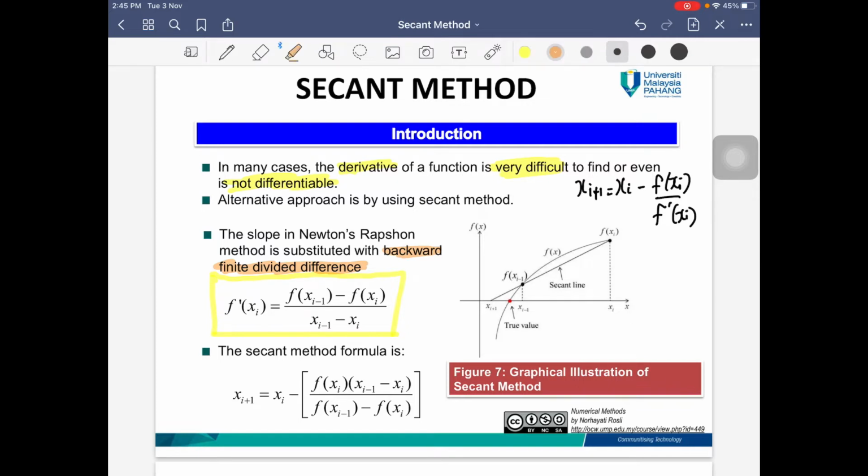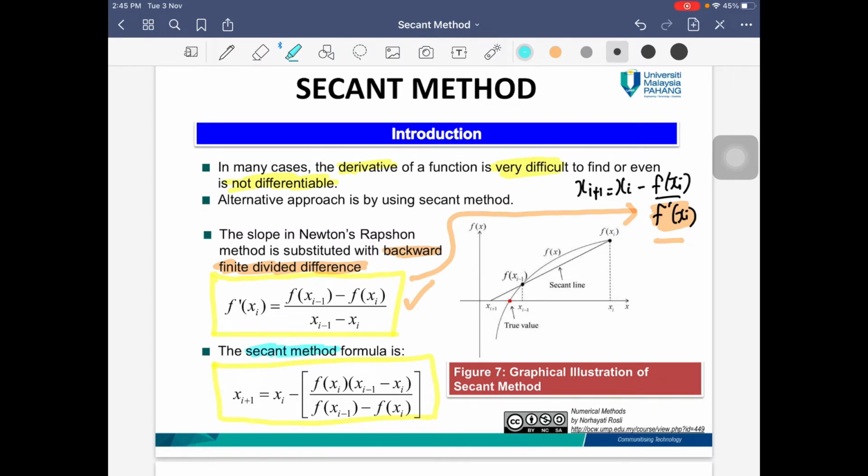Now we replace this derivative with this formula. If we replace this derivative from Newton-Raphson with this divided difference, it will give you this secant method formula.